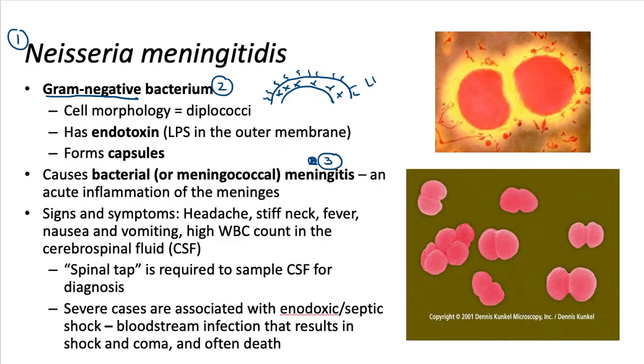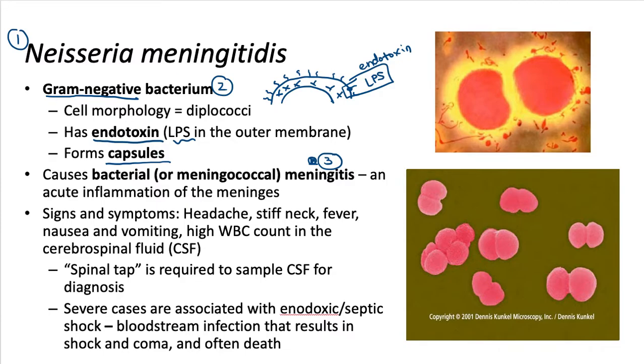The lipid portion of that lipopolysaccharide is what's called endotoxin. So any gram-negative pathogen by default will have endotoxin, or lipopolysaccharide, in the outer membrane. So that's one of the things of the fifth category you need to know. It also does form capsules. Because it's not Clostridium or Bacillus, it does not form endospores.